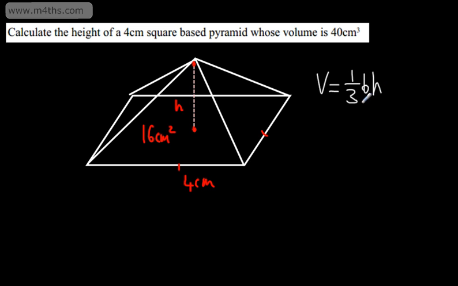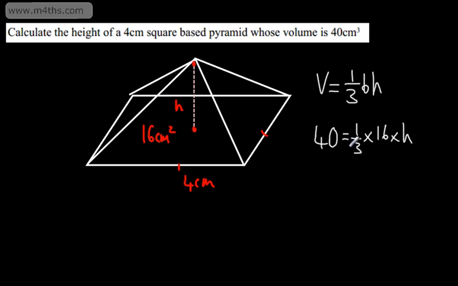All we're doing here is working things backwards. We've already got the volume, that is 40, and this is going to be 1/3 of 16, and then we're going to multiply this by the value of h which we're looking for.